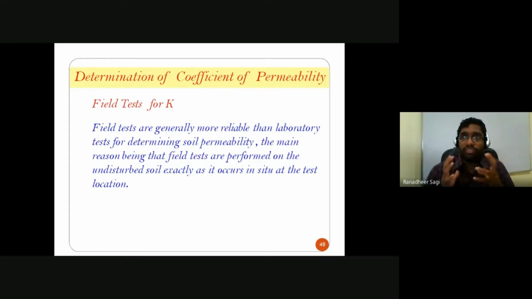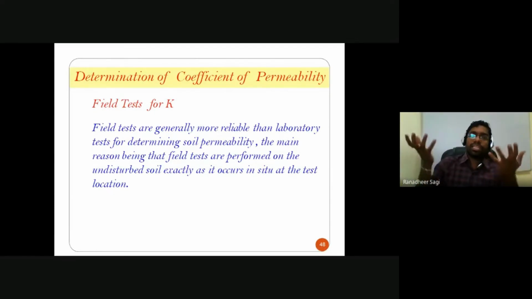Why is it not as effective in the case of lab? Because in the lab, you will be collecting the soil sample only from a certain depth. But in the field, the original soil condition, whatever is existing over a depth of 10 meters or 20 meters, all that soil comes into the picture in estimating the coefficient of permeability.